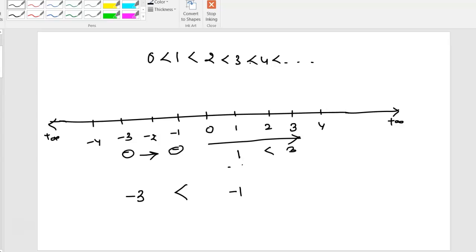Again, an interesting thing is that all the positive numbers are to the right of 0. So it means that all positive numbers are greater than 0.